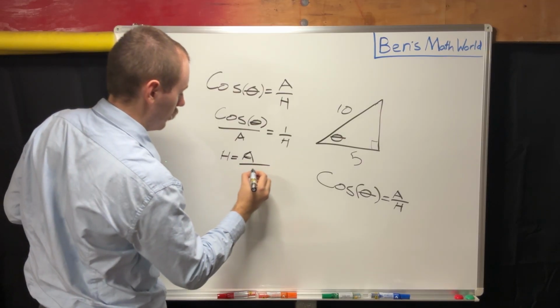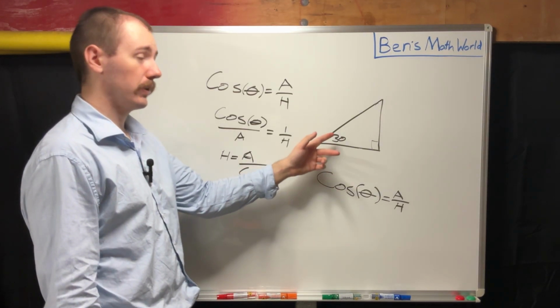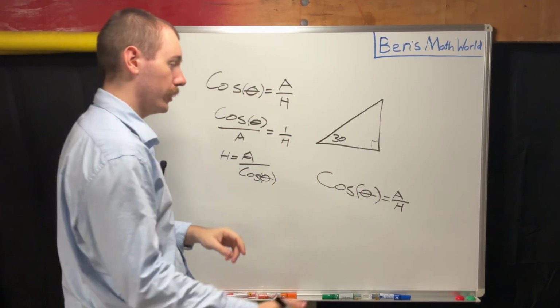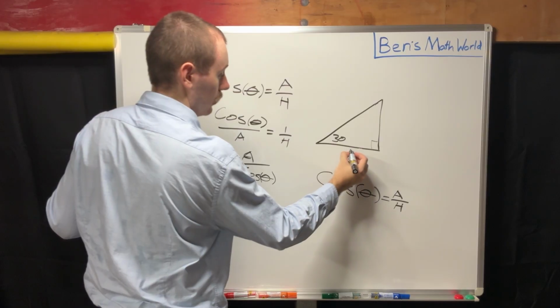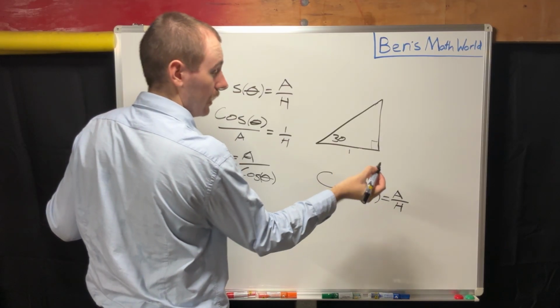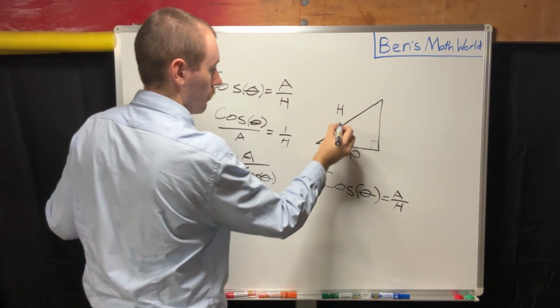a over cos theta. So in this example, we're going to have the theta as 30. We're going to have the adjacent side as a length of 10. And hypotenuse is what we're working out.